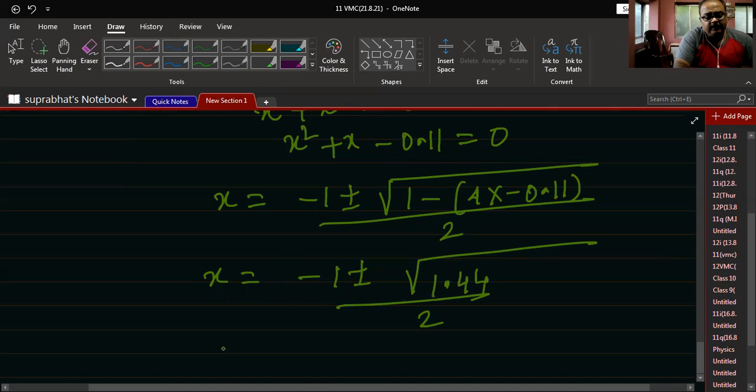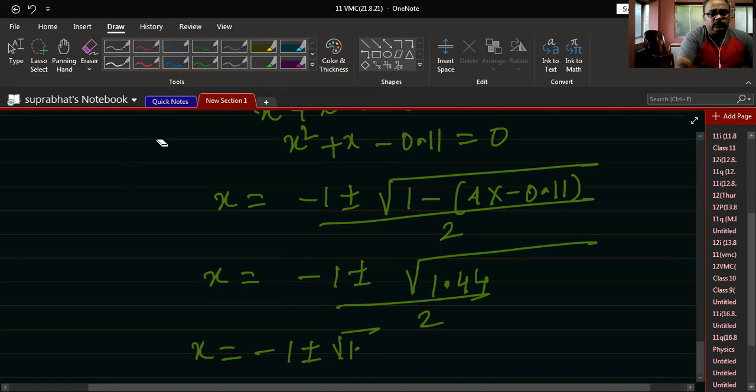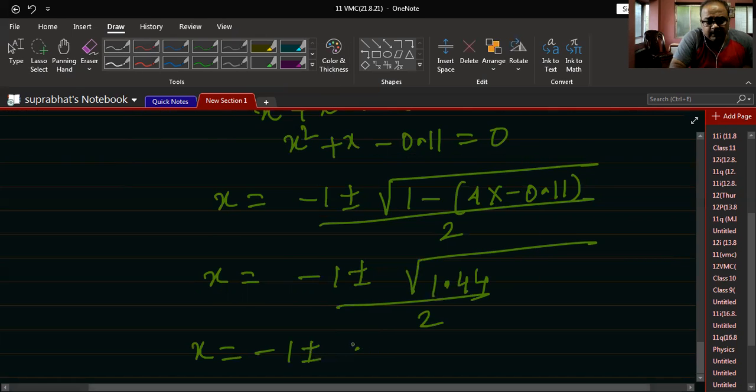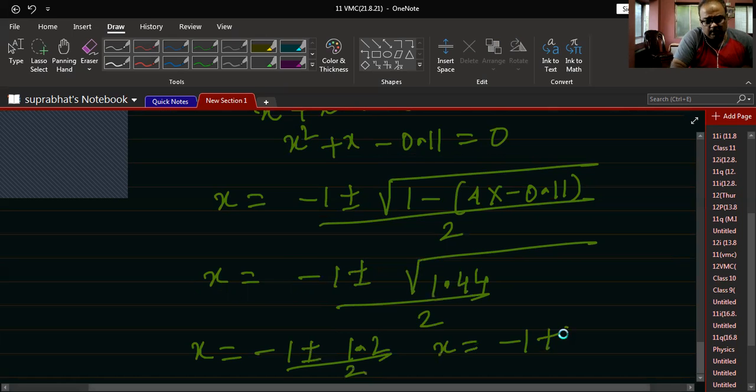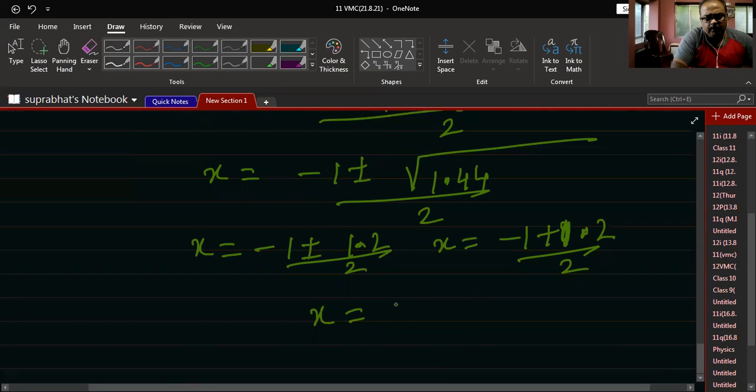The root of 1.44 is 1.2. So x equals minus 1 plus 1.2 divided by 2, which gives x equal to 0.1.